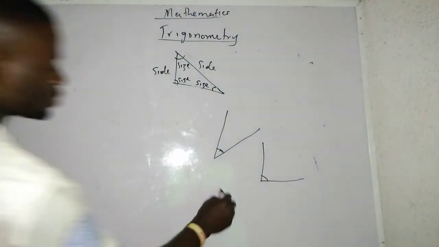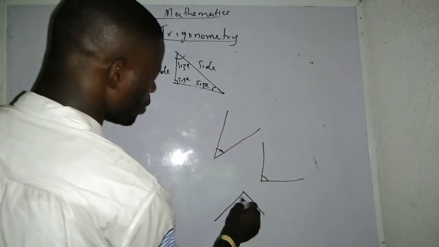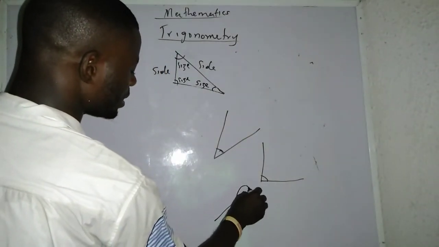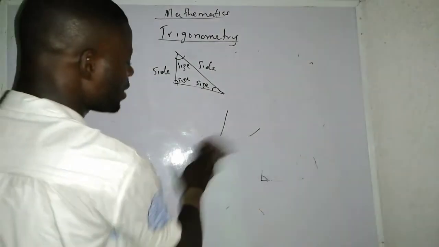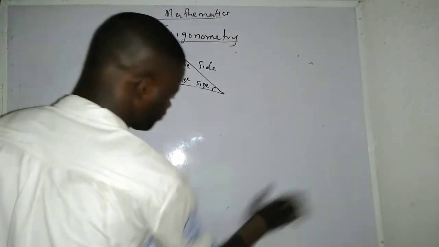The last one is known as reflex angle, which is always greater than 180. These are the three types of angle: acute, obtuse, and reflex. All these things are very important when it comes to trigonometry.